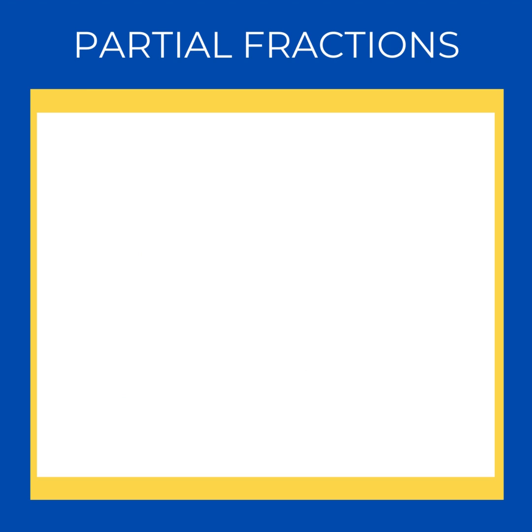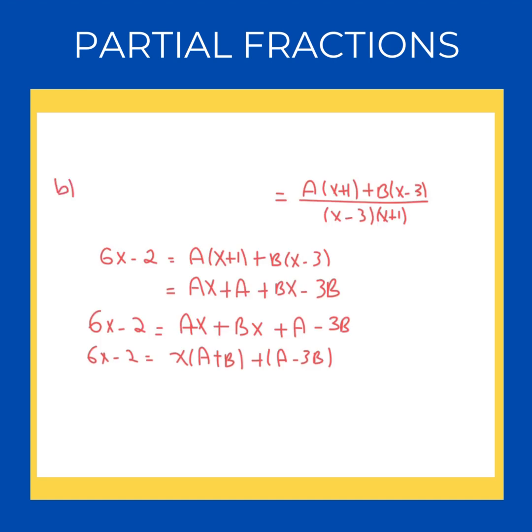Now let's do the second method, which is by equating coefficients. So again, I have 6x minus 2 over x minus 3 times x plus 1 equal to a over x minus 3 plus b over x plus 1.